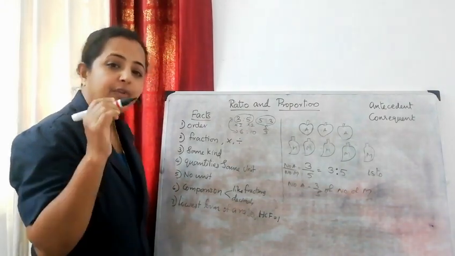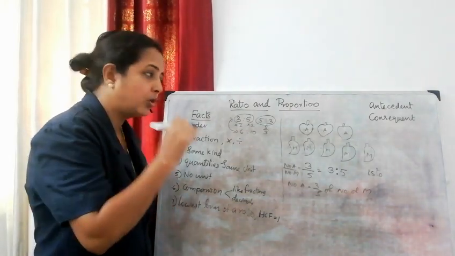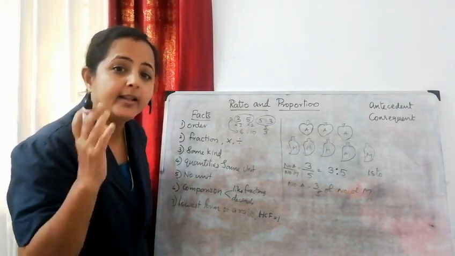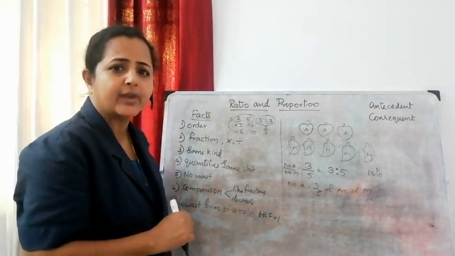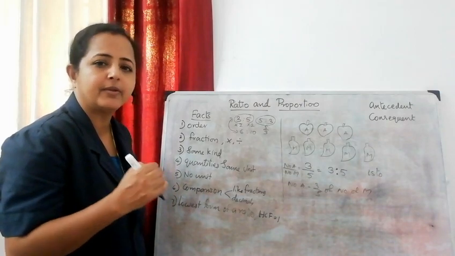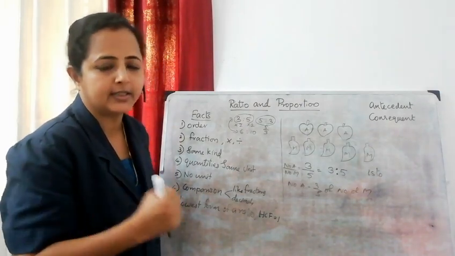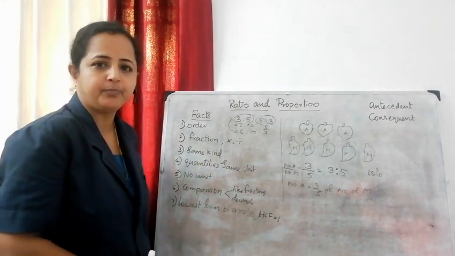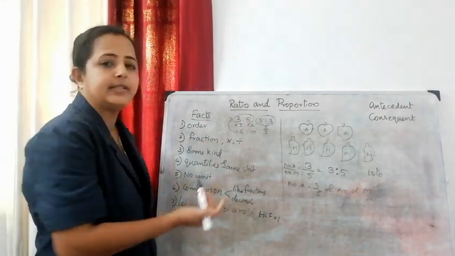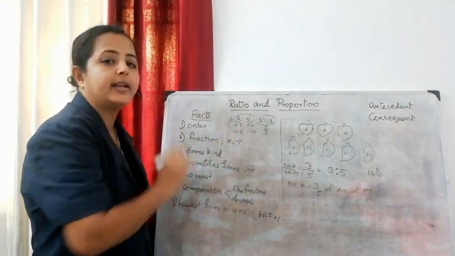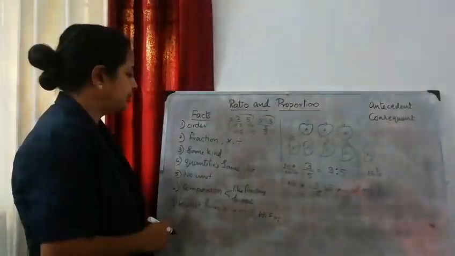That means we can multiply both terms by the same non-zero number and you will get an equivalent ratio. The same case we told for fractions: when we multiply the numerator and denominator by the same number, you get equivalent fractions. Same like here, with multiplication or division by a non-zero number, we get equal ratios.